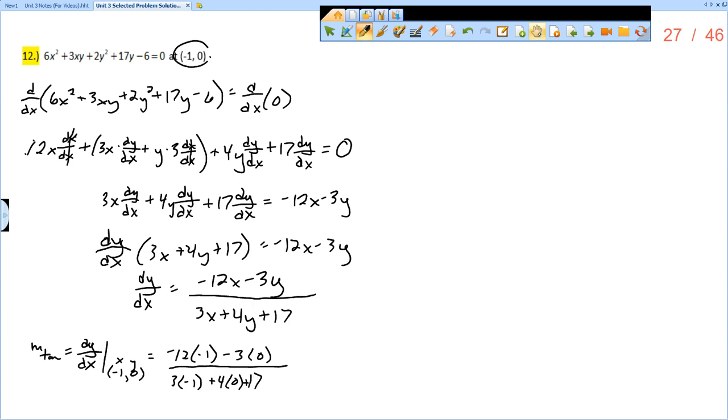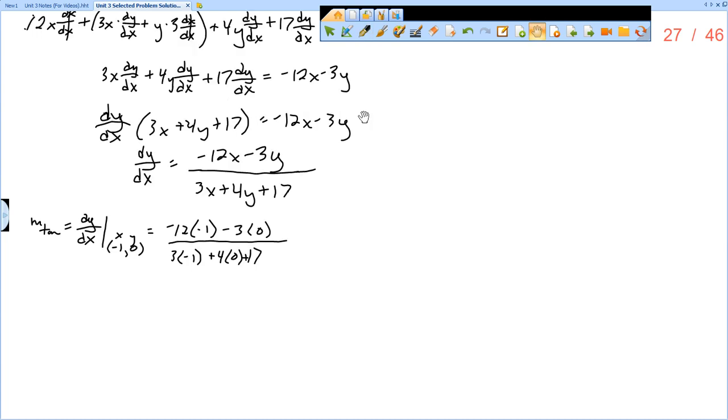All right. And so let's simplify that. Negative 12 times negative 1 is positive 12 minus 0, over 3 times negative 1 is negative 3, plus 0 plus 17. So I get negative 3 plus 17 gives me positive 14. All right, so 12 fourteenths. So this would be 6 sevenths.